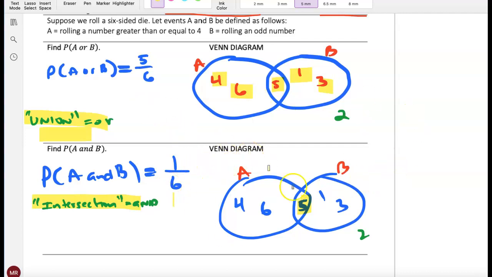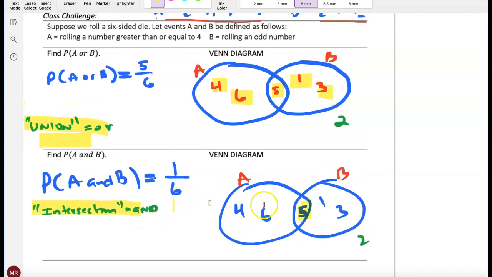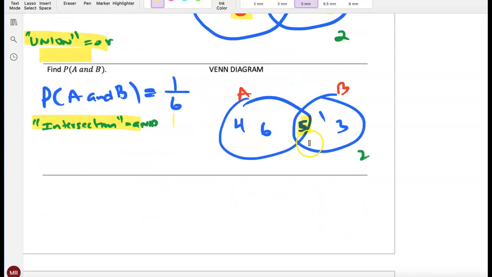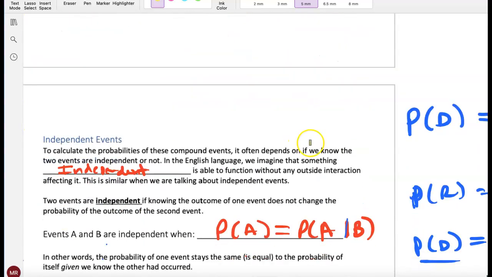Because there are 6 total outcomes, and only one is in both of them, and the Venn diagram helps us see that again. We use the term intersection for "and," because you can see it intersects. It's in both. Union is the joining of it, so the outcomes are within both circles. So it's important to keep in mind.